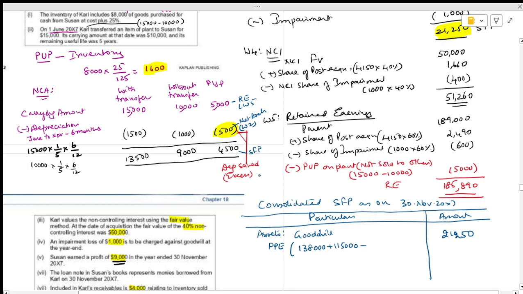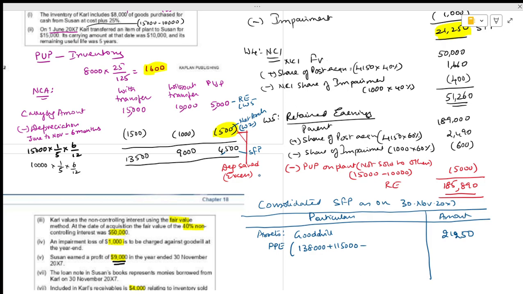See, 5,000 is the profit. We have not calculated depreciation. Reduce the depreciation to the extent of 500. The net loss is how much? 4,500. This we are going to show in the statement of financial position. Again, I will repeat. 5,000 is the loss because they have not sold to others. 500 is the depreciation.